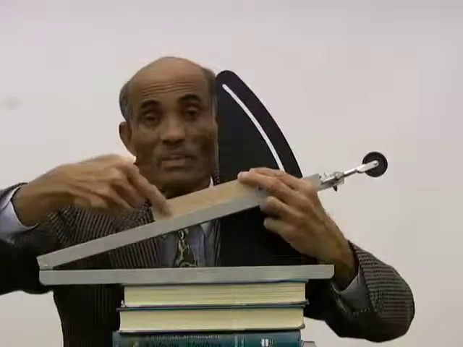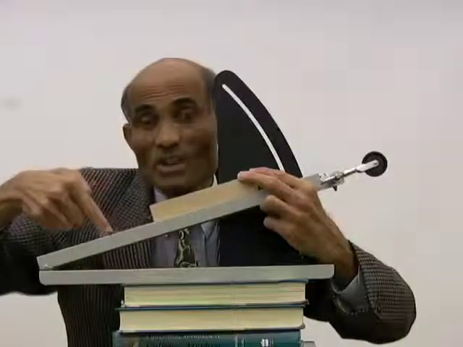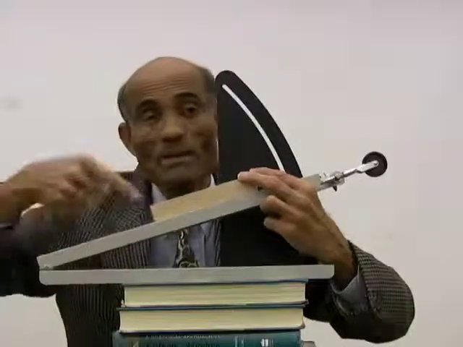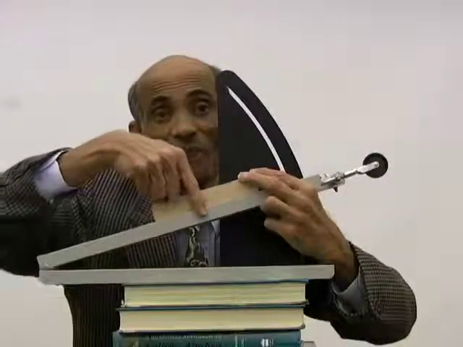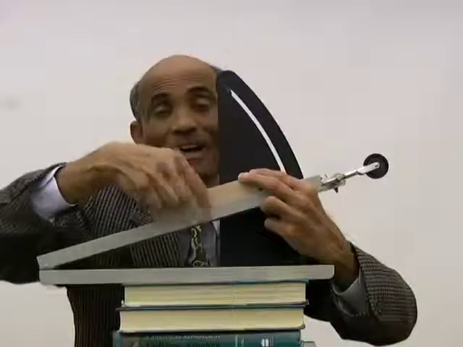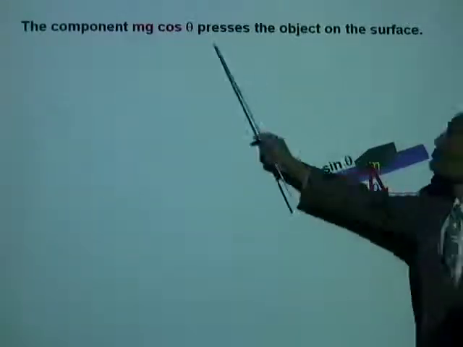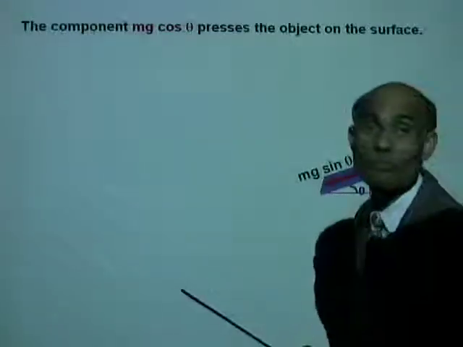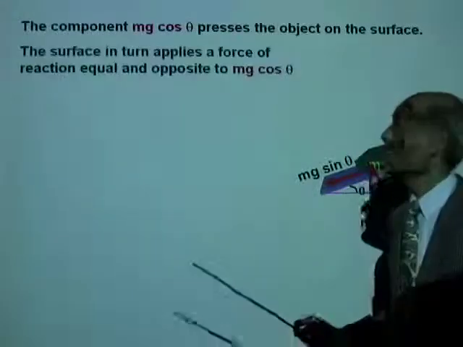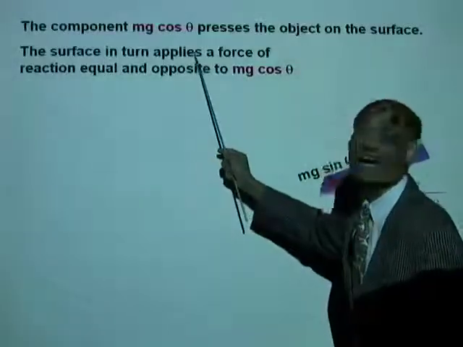The weight of the block will be acting vertically down. Its component mg sine theta acts down the plane, and the component mg cos theta is pressing the two surfaces together. So the component mg cos theta presses the object onto the surface. The surface in turn applies the force of reaction.